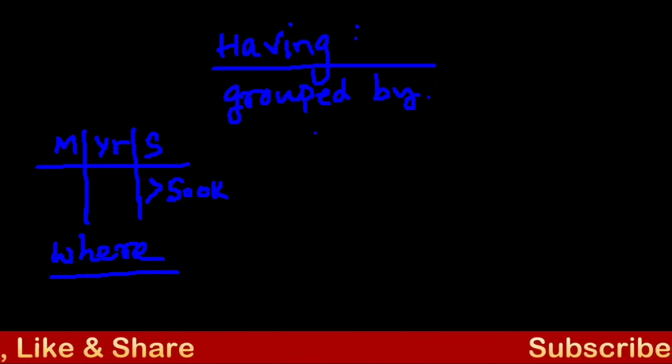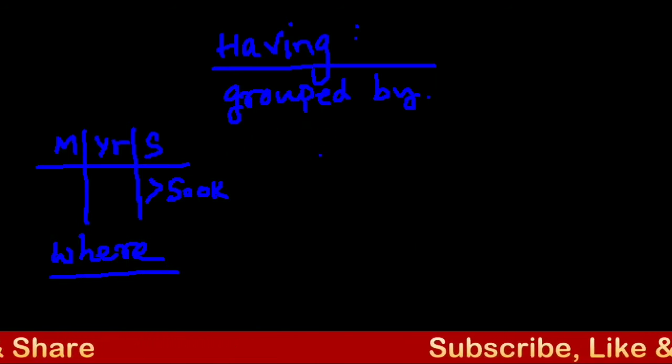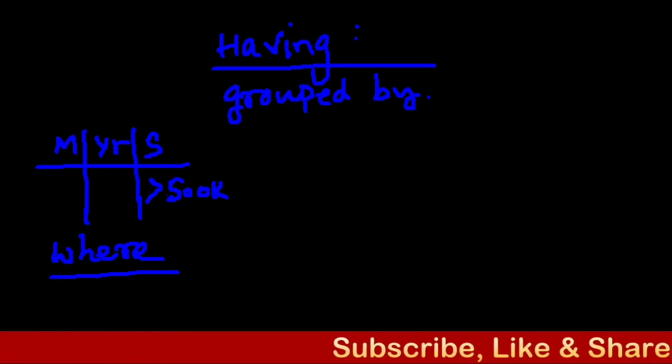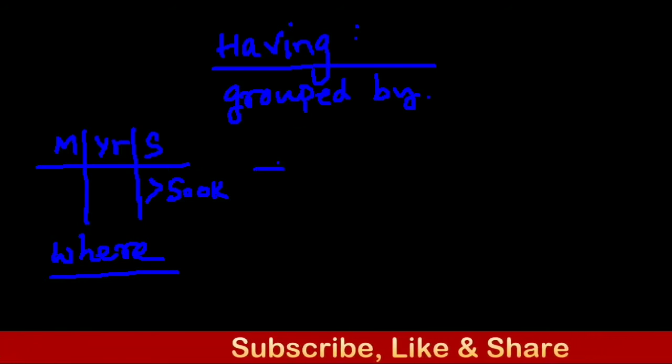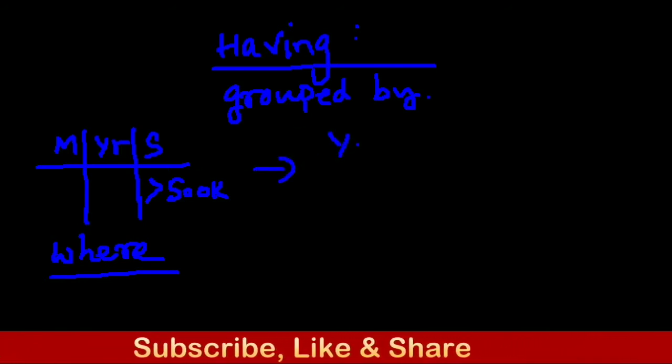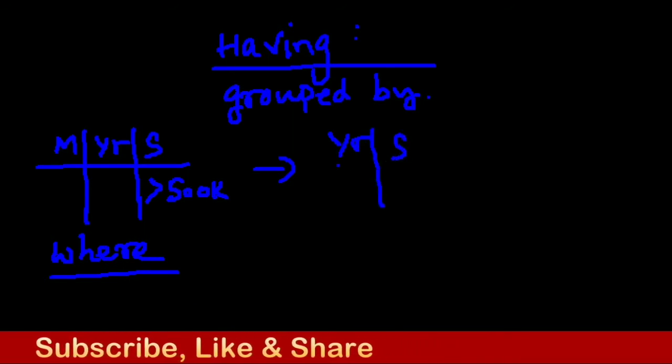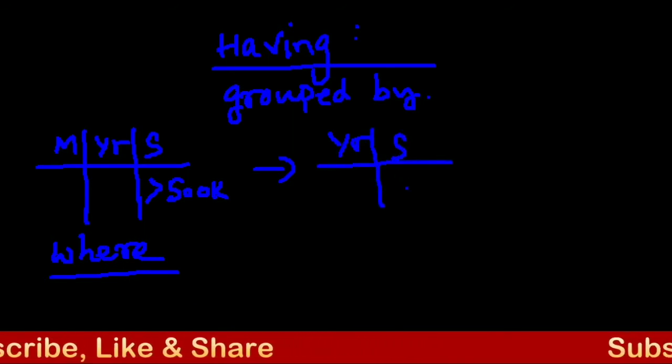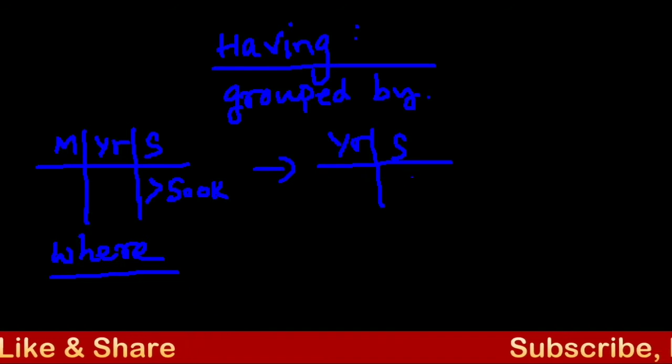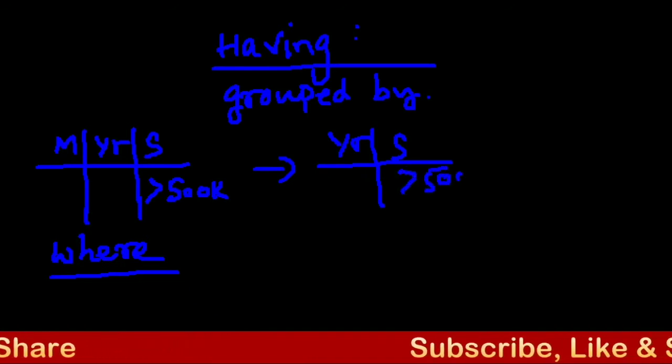But in case we want to use the filter after applying a GROUP BY, in this case we group the table by year and sales, and while doing the GROUP BY we want to filter for 500K or greater sales.